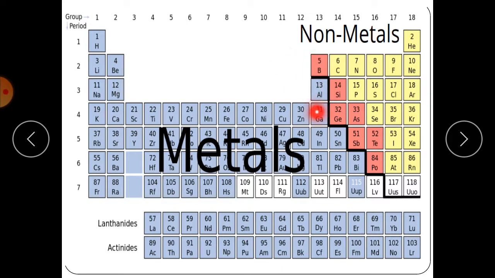You can see this boundary, all these elements are non-metals. Now they have different names, different symbols and different properties. So our today's main focus is on that. We have to discuss the properties, and we will discuss how we can identify them.